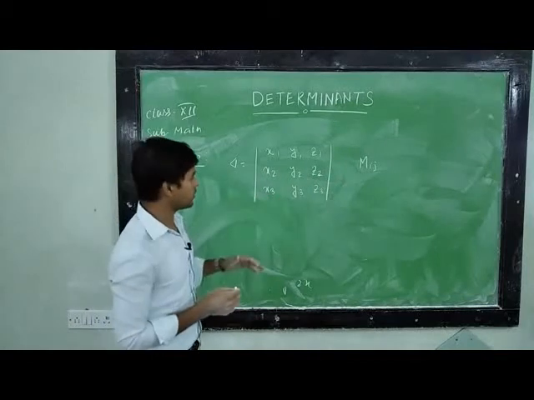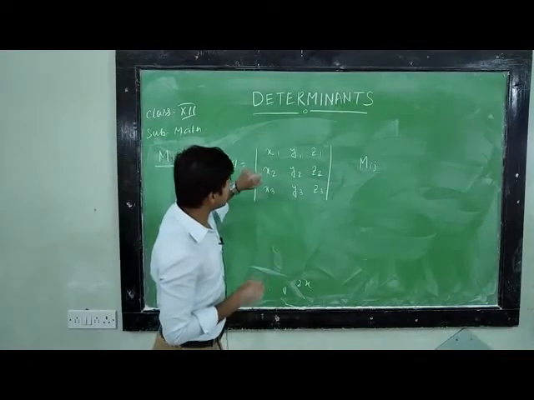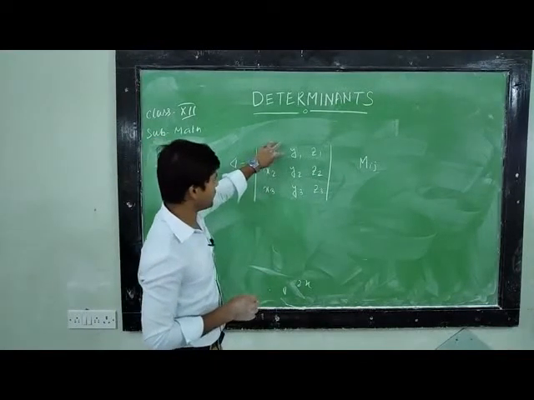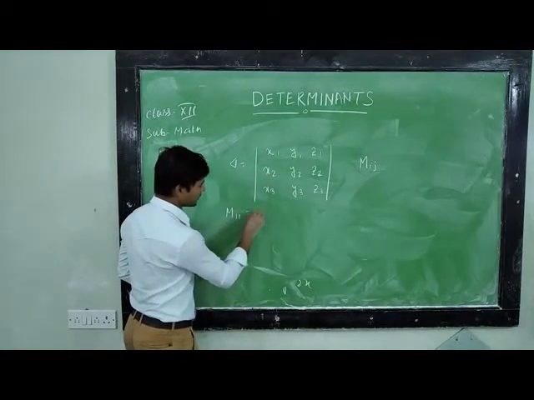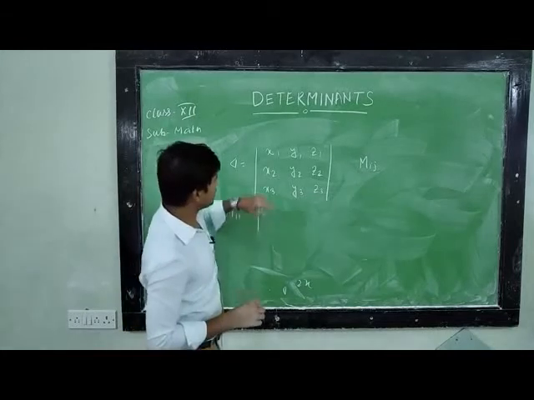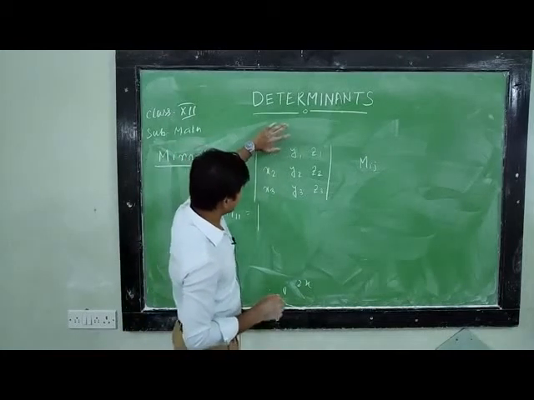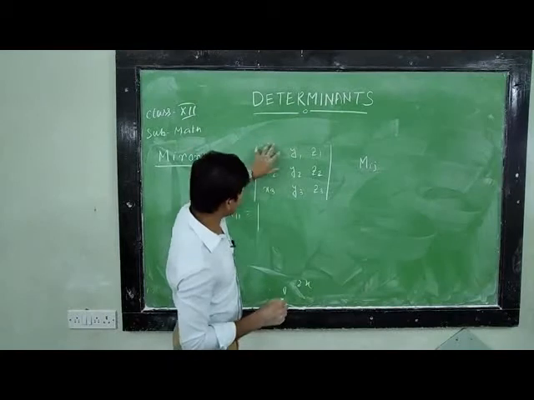Suppose the minor of the first element, x1, is denoted by M11, and that is equal to the determinant excepting this row and this column.